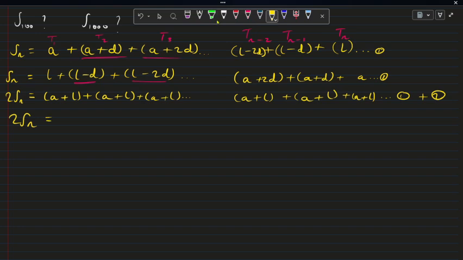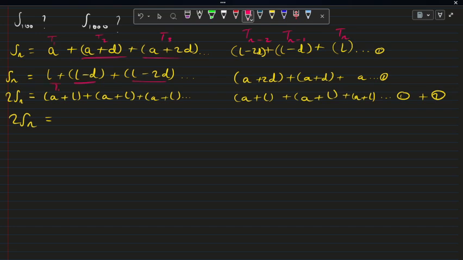Now we have to understand that here we have a bunch of A plus L's, right? So we have to take note of this, okay? So this is the first one.